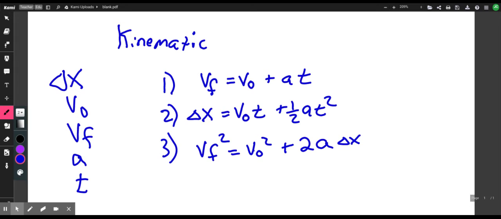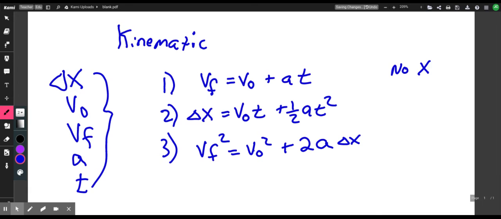Together, these equations have the ability to solve for any of the 5 variables. Any 4 of these will be in one equation. When we take a look at this first equation, there are 4 of the 5 variables, but there's no displacement.